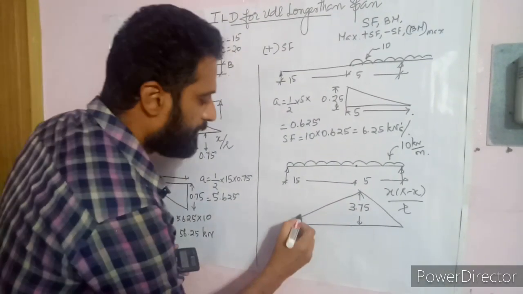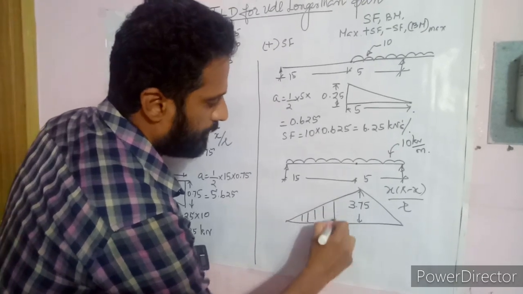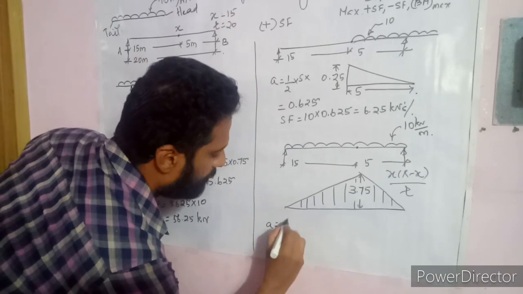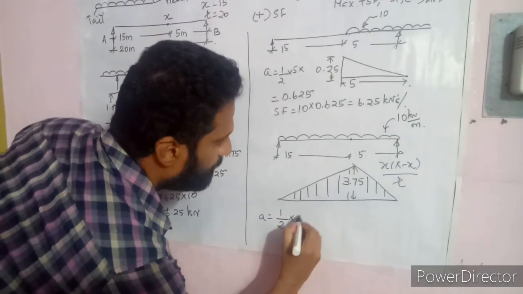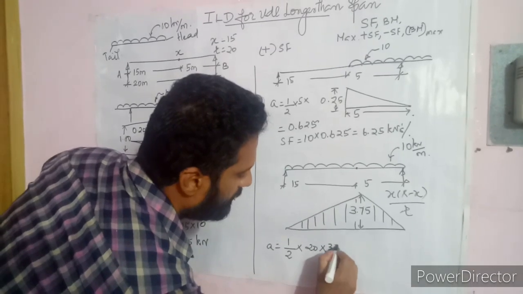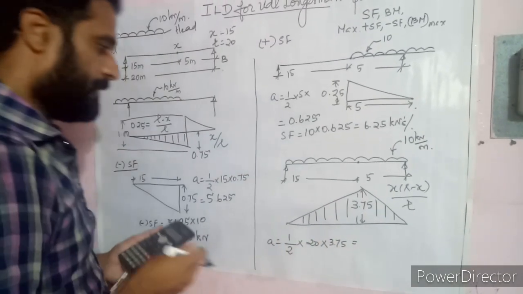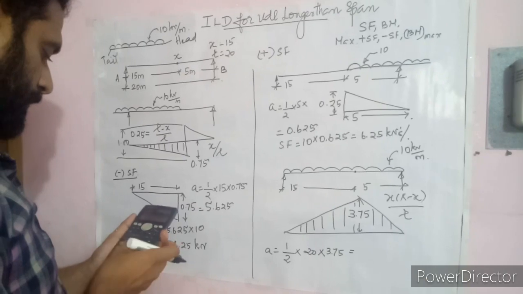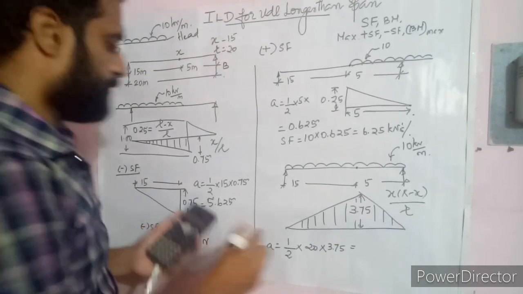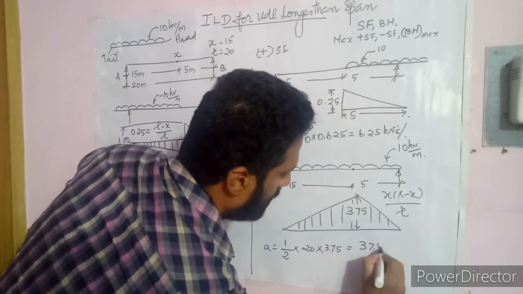So we need to find the area. The area is half base into height. The base is 20, the whole length, and the height is 3.75. So the area is 20 into 3.75 divided by 2, which is 37.5.